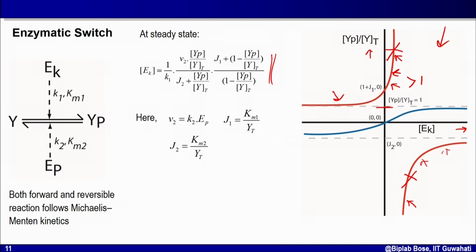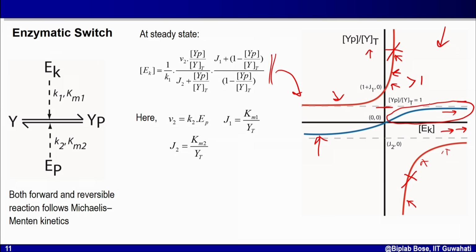What am I left with? I am left with this blue line, which is also coming from this relationship. And if you look into this positive domain, Ek is increasing in this direction. Yp by Yt is also increasing, but it moves like an S and saturates at Yp by Yt equal to 1. And that is true, as Yp by Yt should never be greater than 1. So this is the region of my interest.